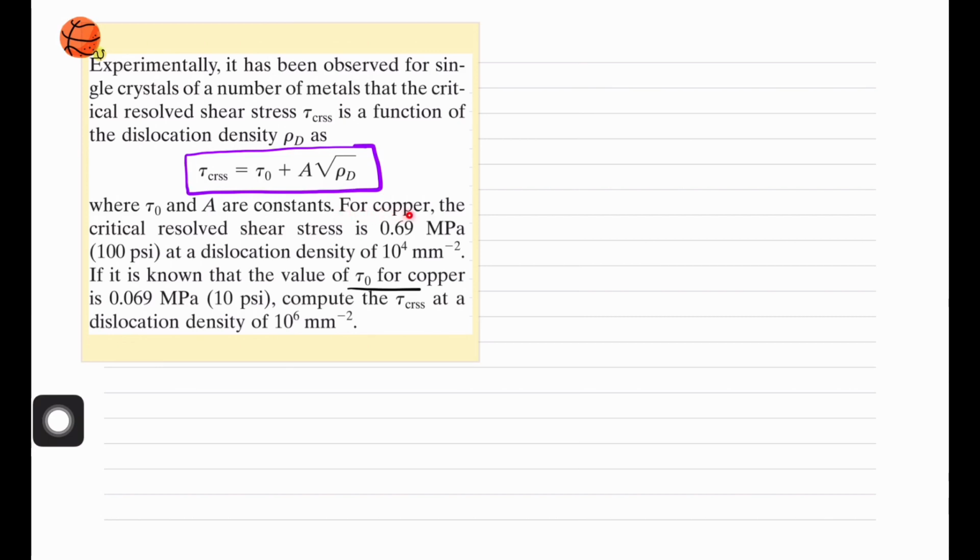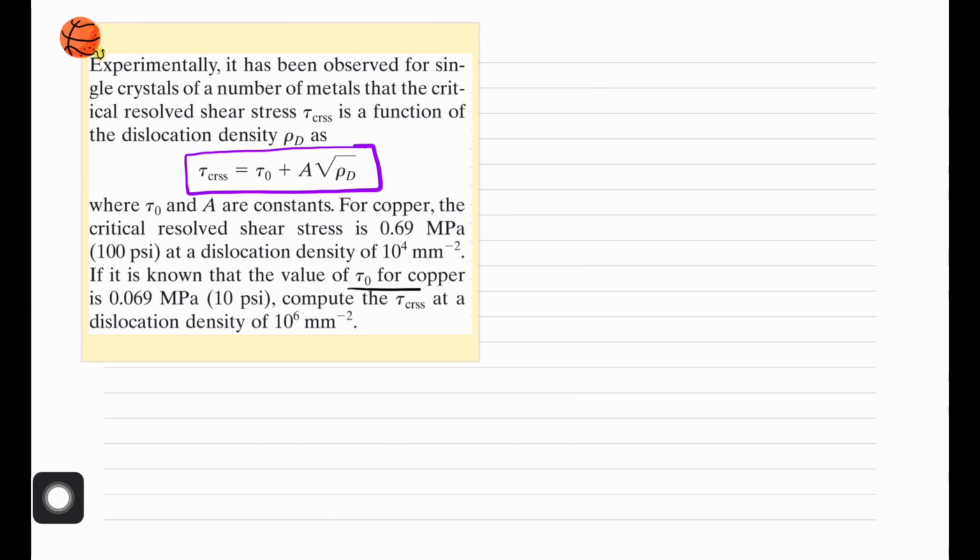For copper, the critical resolved shear stress is 0.69 megapascal at a dislocation density of 10 to the 4 inverse mm square. If it is known that the value of tau naught for copper is 0.069 megapascal, compute the critical resolved shear stress at a dislocation density of 10 to the 6 inverse mm square.